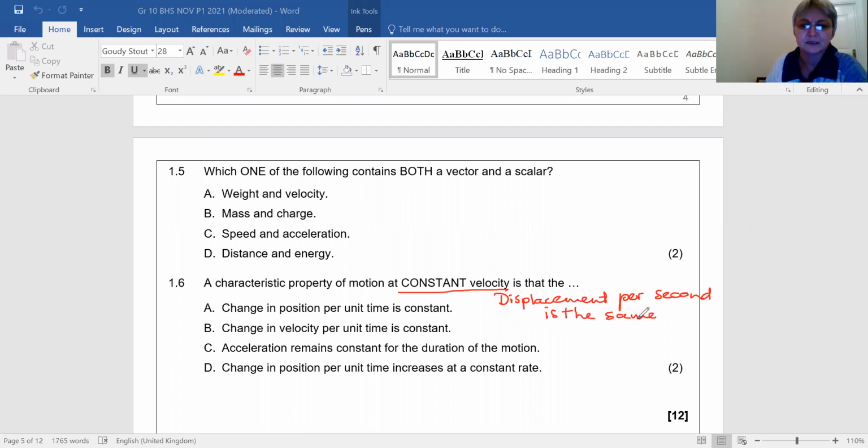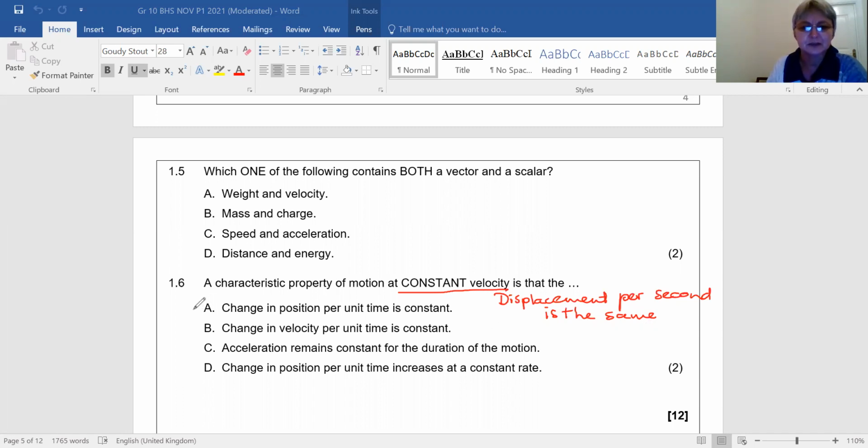If I can explain it this way, if you travel at a constant velocity of 60 kilometers per hour north, then you will cover 60 kilometers in every hour you travel.